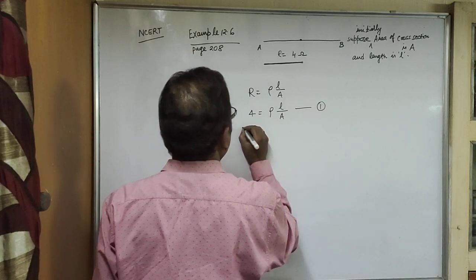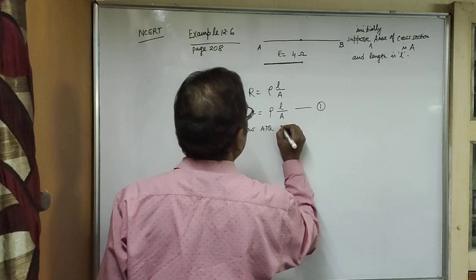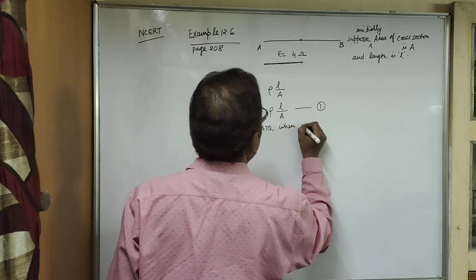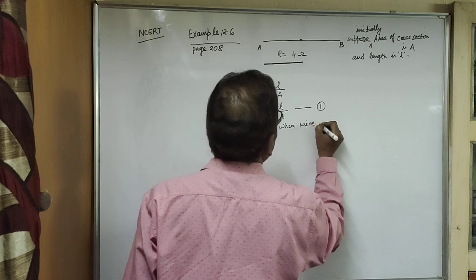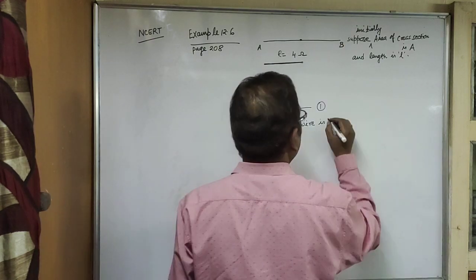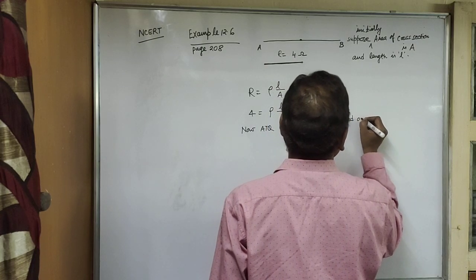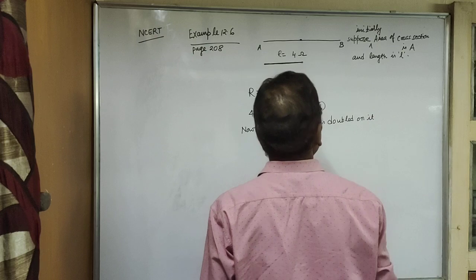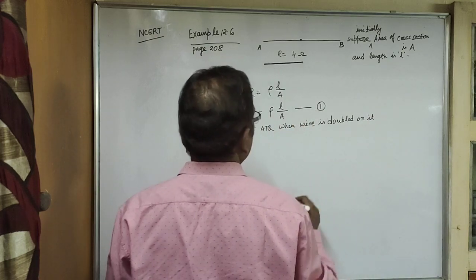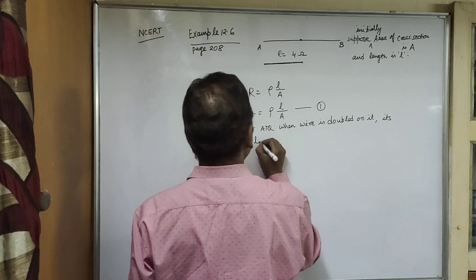Now, according to the question, when the wire is doubled on itself, its length will be how much?